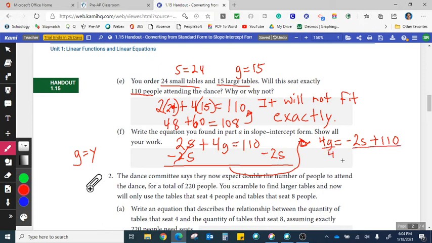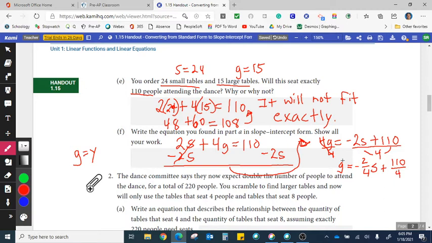Now here's the thing, when I divide by 4 on both sides, I'm not just dividing the first term, negative 2s, by 4, I'm also dividing the 110 by 4. So that 4 needs to be distributed to both the 2s and the 110. Now g is going to equal negative 2 over 4 s plus 110 over 4.